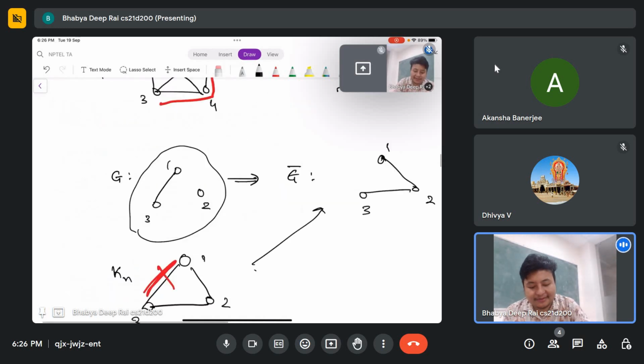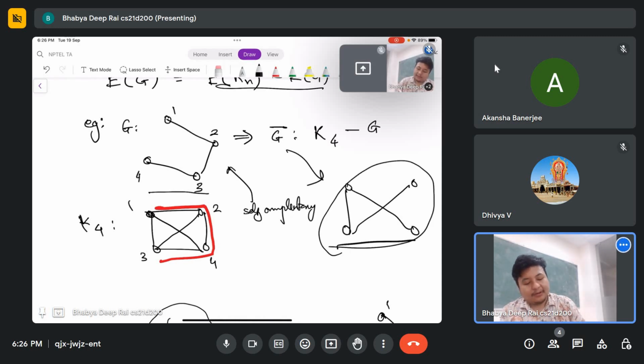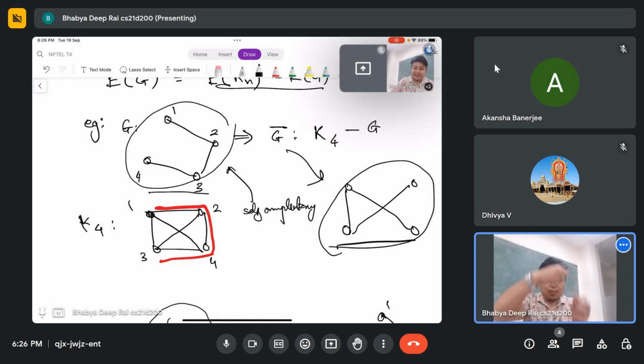I can give you an example of a self-complementary graph right here. Why? Because this and this are isomorphic. If I just move around the vertices, flip these two vertices, then I'll get the same graph, isomorphic graphs.